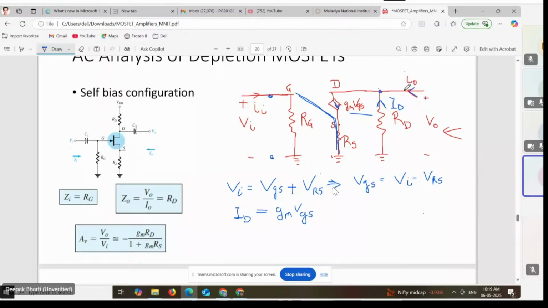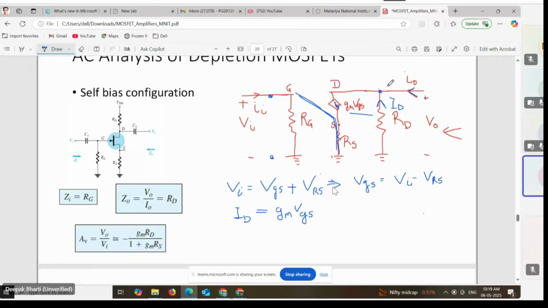Now where is this I naught? You must keep in mind that I naught should be included only for the Z naught calculations, because by definition Z naught is the ratio of V naught and I naught.